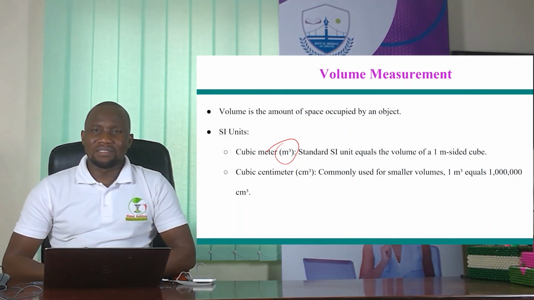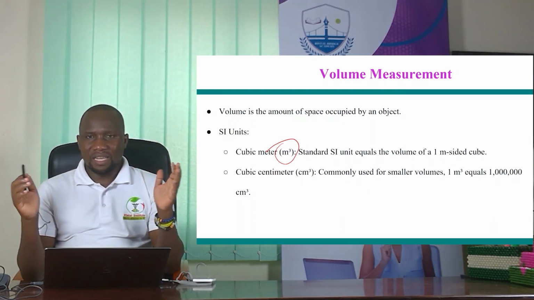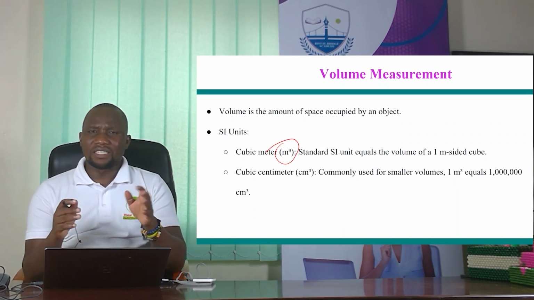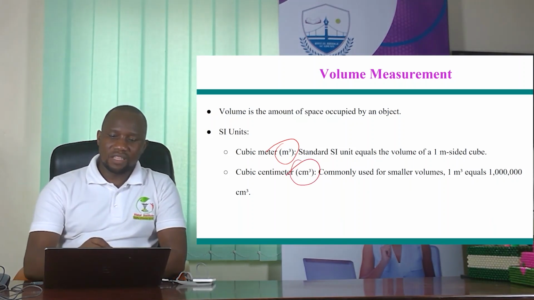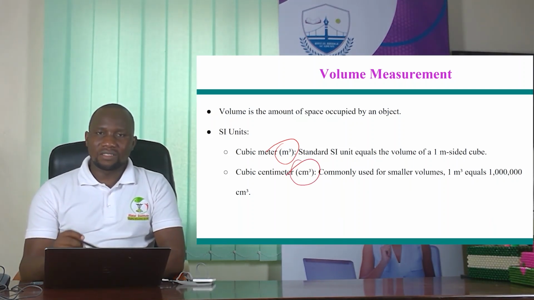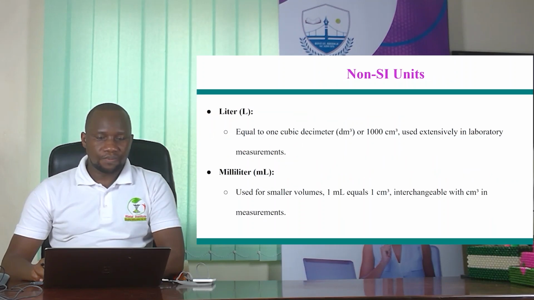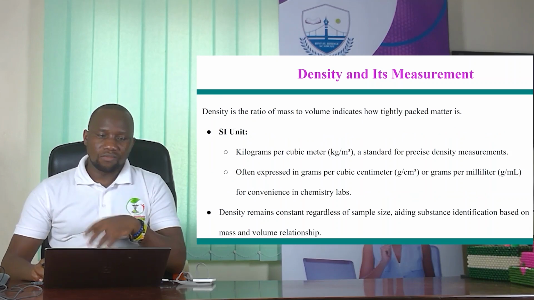When you're handling things in the laboratory, you usually don't use larger volumes, you use smaller volumes, so you can have cubic centimeters. For example, liters and milliliters are also volume-related units that you can use.